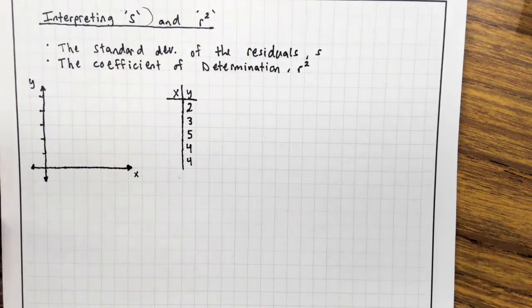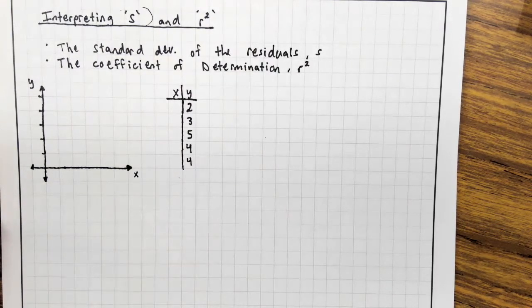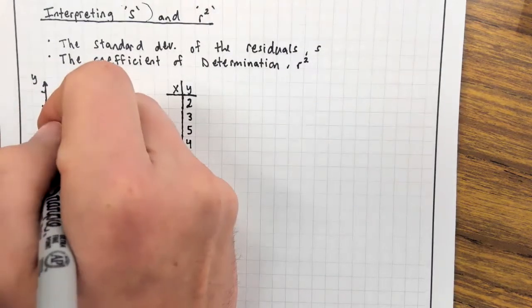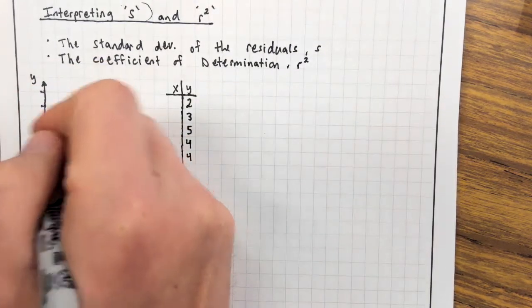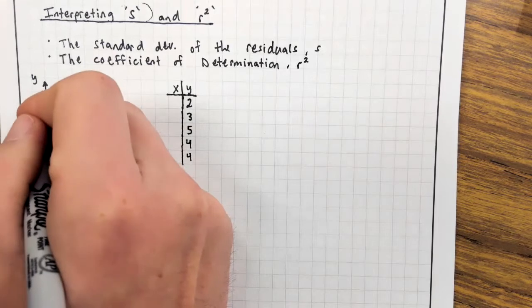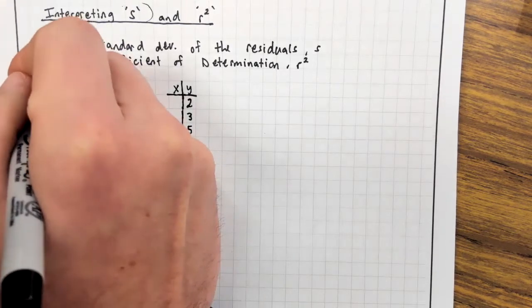Now, let me put it on a scatter plot and then draw that line. I think it'll make probably a little bit more sense. So I've got the scatter plot made, I think, on a calculator. Maybe let's go like this. I got a y value of 2, and I'll add some labels here, 1, 2, 3, 4, and 5.